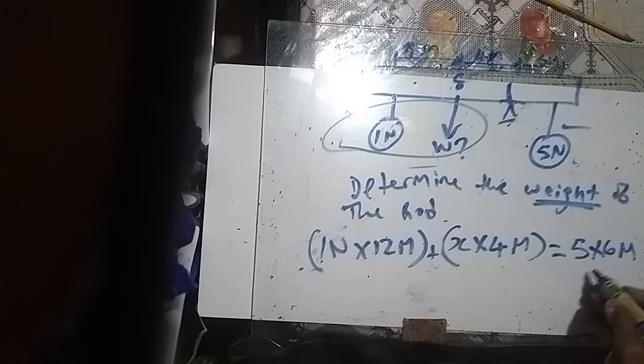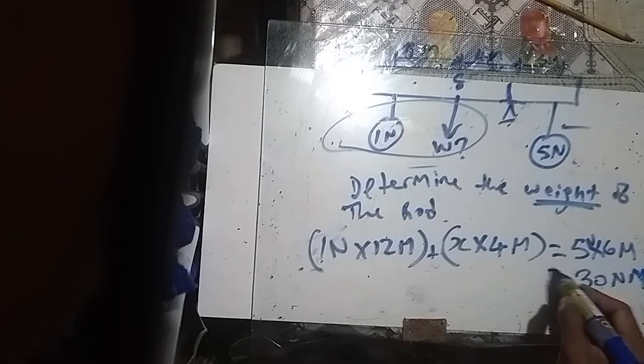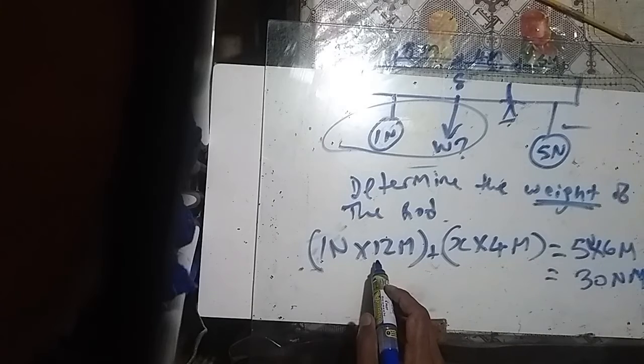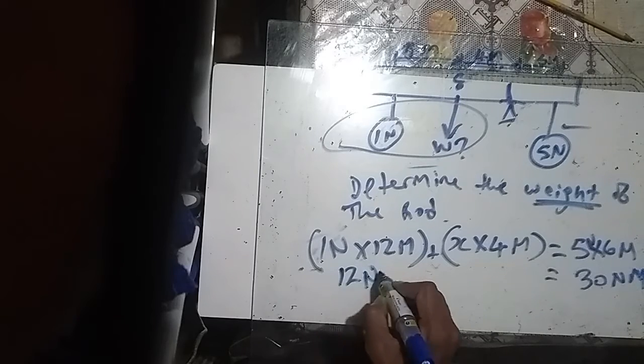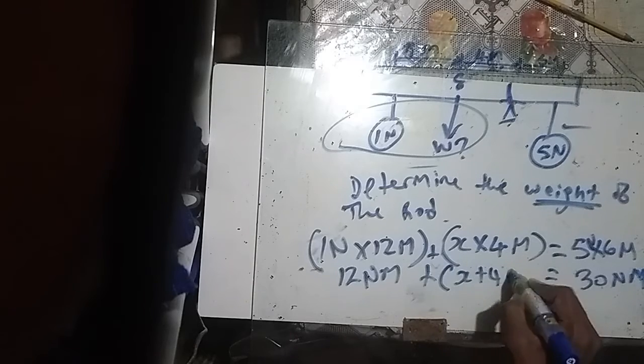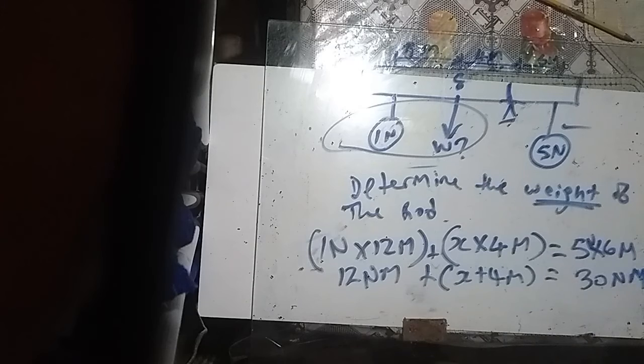Therefore, let's work out that side first. 5 times 6, we know, is 30, so that's 30 Newton meter. So 30 Newton meter is equal to 1 times 12, 12 Newton meter, plus bracket x plus 4 meter. I am not finished with it as yet.